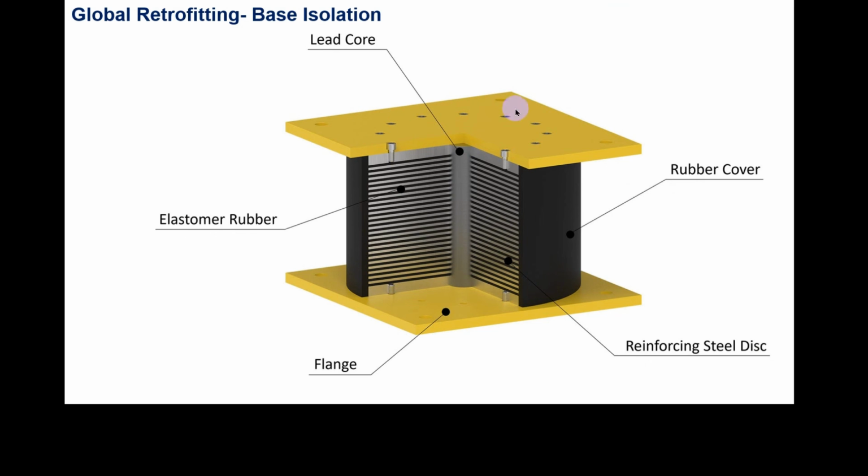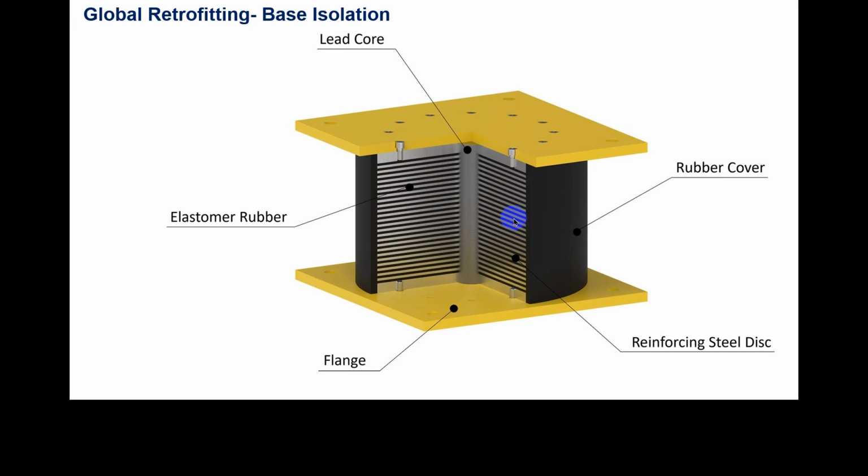And these two holes in these above plates and the base plate are to tie this bearing on the RCC surface. Suppose this bearing is placed at the foundation level, on the plinth level, the structure below the plinth level is tied on this plate, and the structure above the plinth level is tied on this plate. And the entire energy imposed by the earthquake is absorbed by this mechanism.